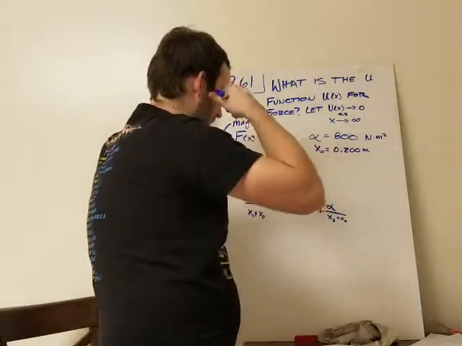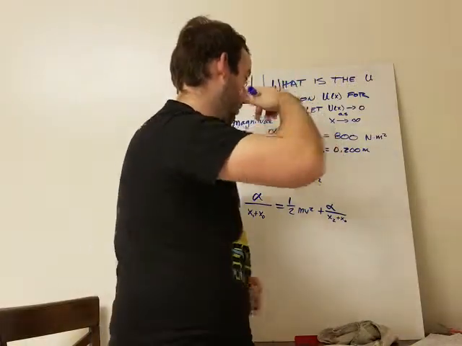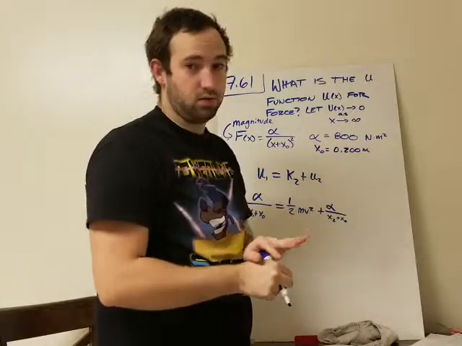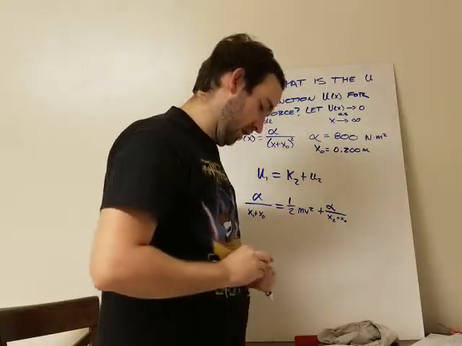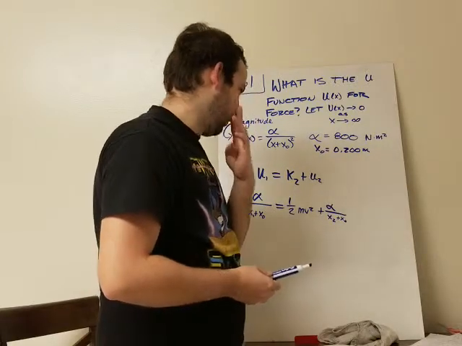Now that we've expanded this sum, we can take the values that we already know and plug them in, and we are going to want to solve for the velocity.